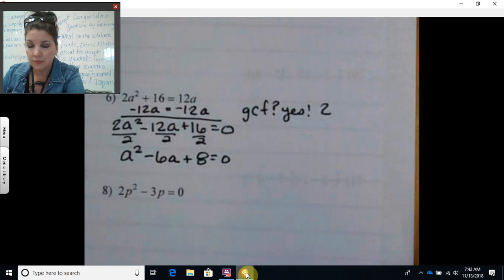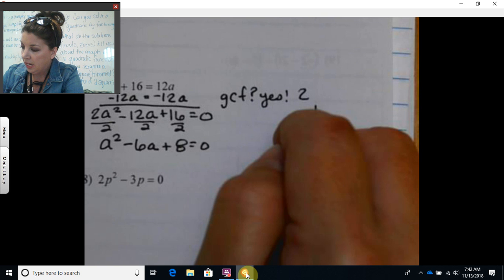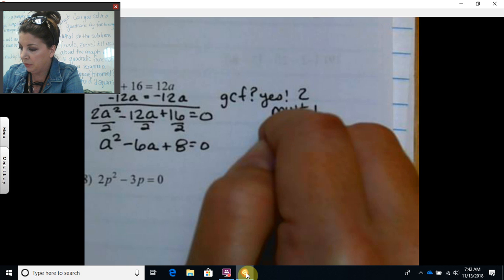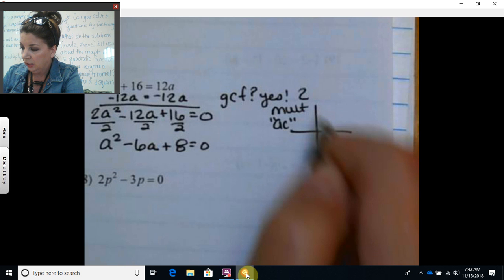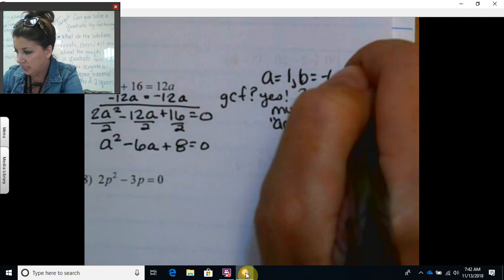Now make my little T-chart. I need two numbers that multiply together to give me AC. I didn't define A, B, and C. What is A? What is B? B is -6, and C is 8.